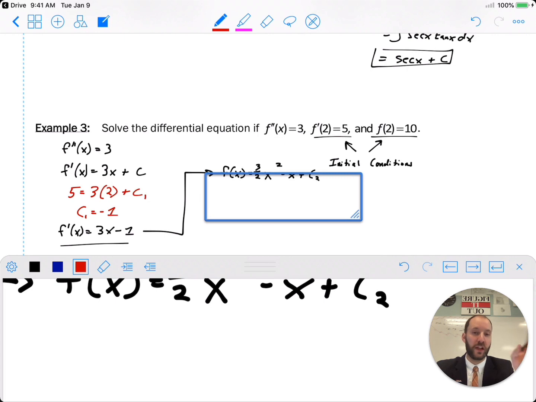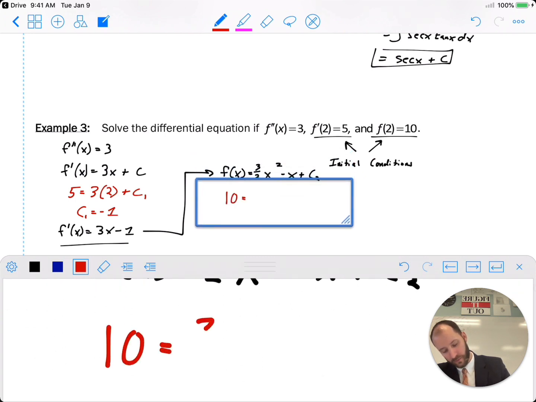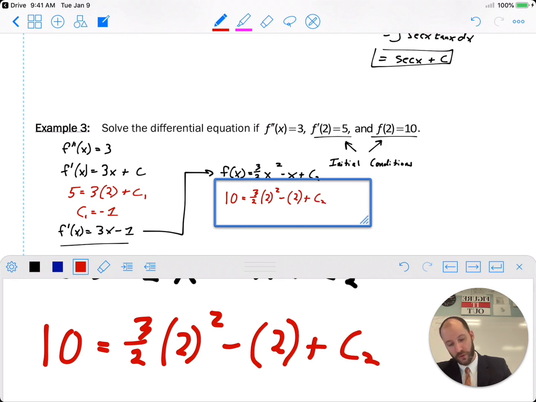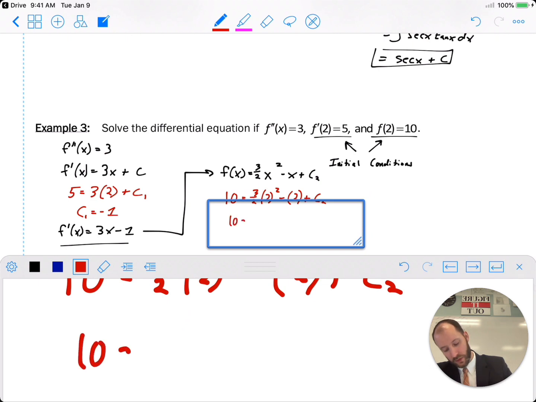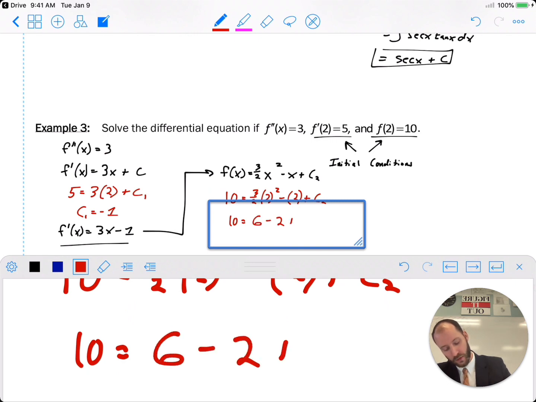So now let's plug in our second initial condition. f of 2 is 10. And plug 2 in for all the x values. And we'll solve for c sub 2. So 10 equals, I see 3 halves times 4, that's 6, minus 2 plus c sub 2.